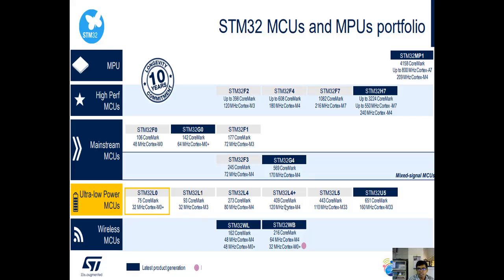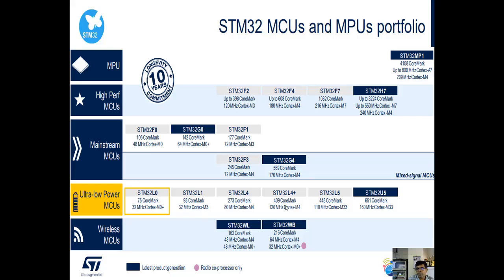Under each series they are targeting high performance, and similarly for mainstream there are many series of microcontrollers available, a few of which I'll name. For example, for high performance microcontrollers, there are the STM32 F2 series, the F4 series, and recently they also released the X7 series.